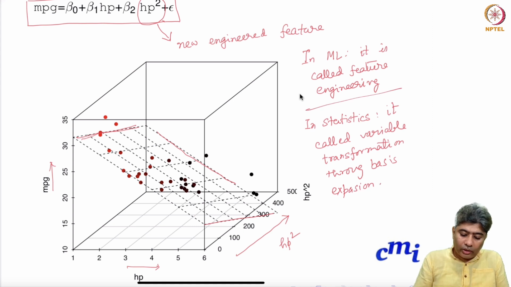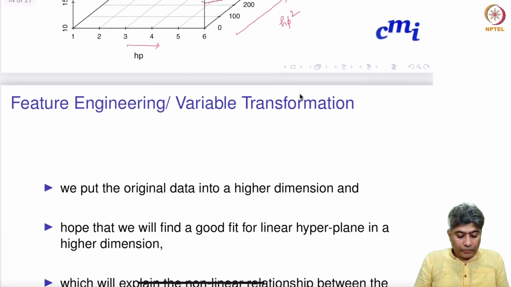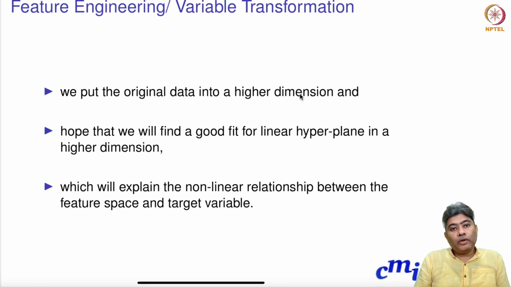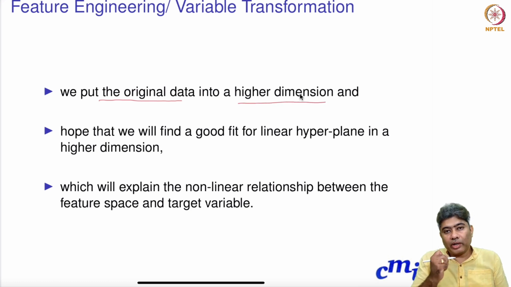We will talk about both. But essentially we are creating a new variable, and that's why it is called variable transformation or feature engineering. We put the original data into a higher dimension. This is the first trick.